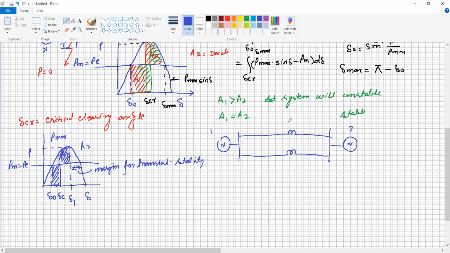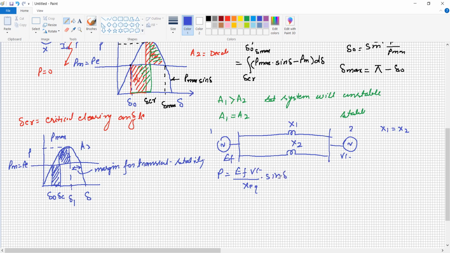Under such condition, this is the reactance X1, this is the reactance X2, or let the reactance X1 be equal to X2. We can say that the maximum power P is equal to EF, say this is EF, this is VT upon equivalent reactance X equivalent into sine delta.